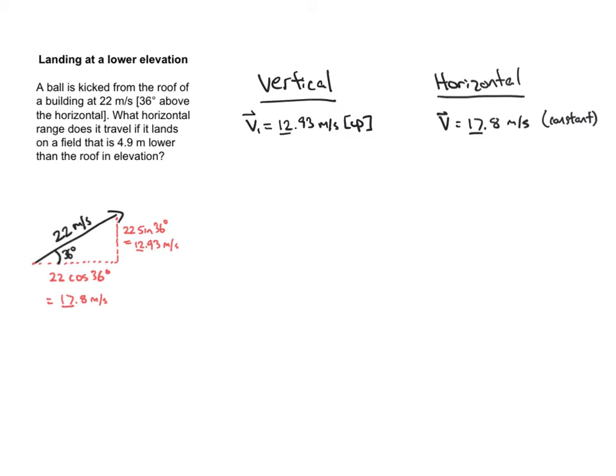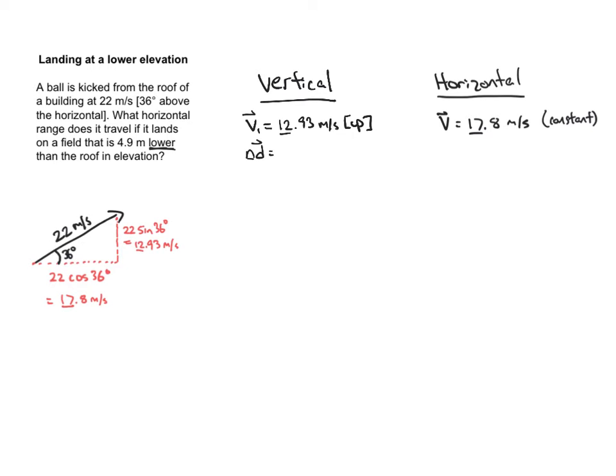Okay, continuing to fill out these columns here, the question tells me that the ball is going to land 4.9 meters lower, keyword lower, than where the ball began. So that is going to be a vertical piece of information, and that relates to the displacement.